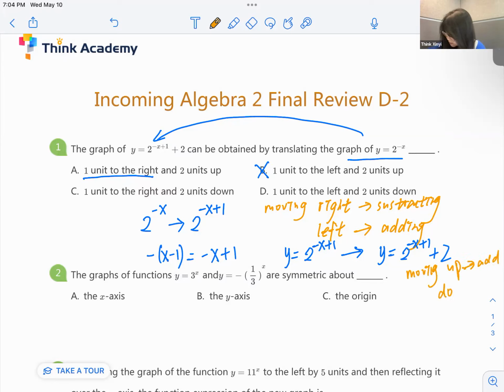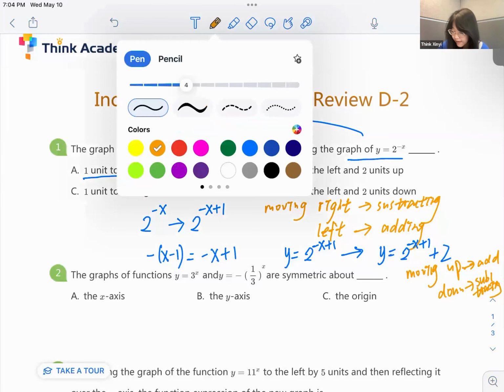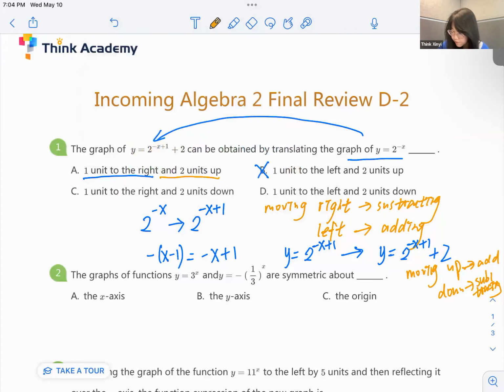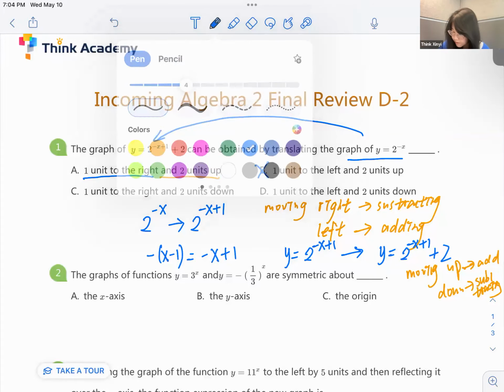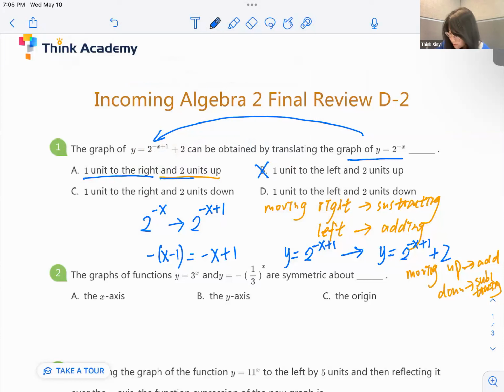And if it's moving down, it's subtracting. Okay, so here we have plus 2. So that's moving up by 2 units. And so together, in order to have the original function converted into the new one, we move it first 1 unit to the right and 2 units up. Okay, so choice A is the correct answer for this question instead of B.